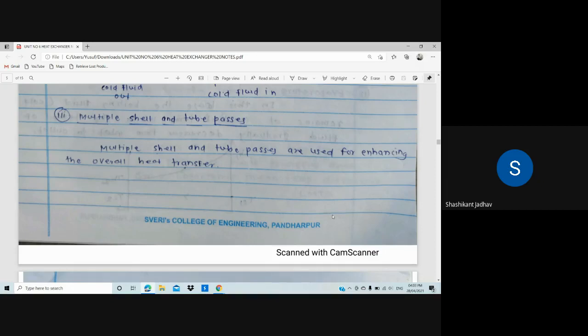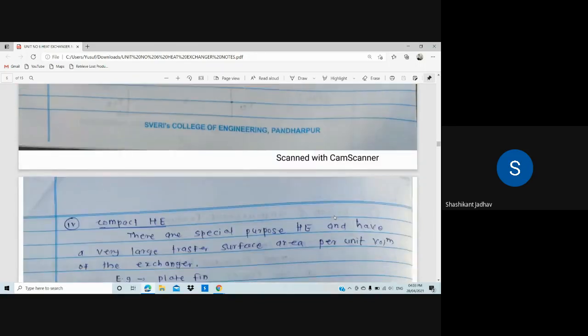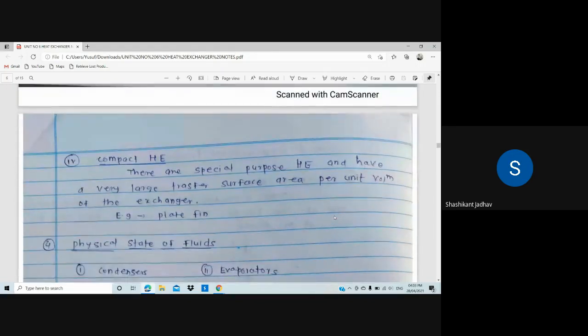So this is the third type. By using the third type, we improve the overall heat transfer. Okay. So this is the third type according to the design and constructional feature.